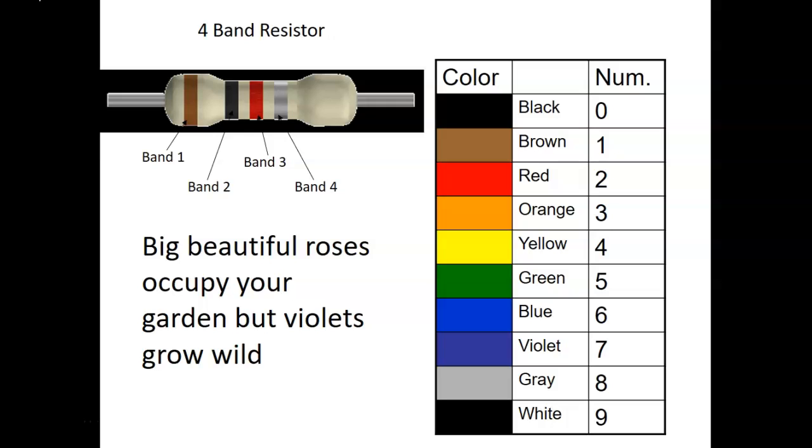I memorized the fact that the rainbow starts with the number 2. You have black and brown to begin with, gray and white to end with. This is the way I memorized it, just because that's the way my brain worked at that time, and still works to this day.